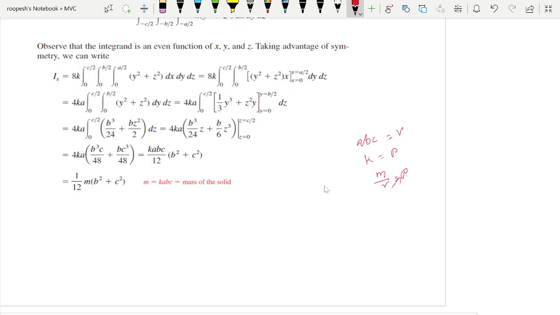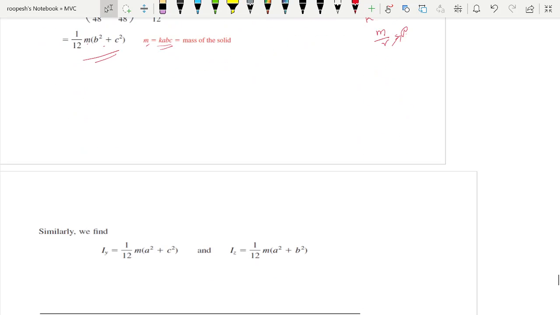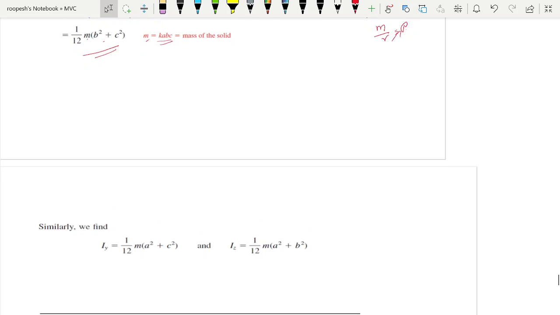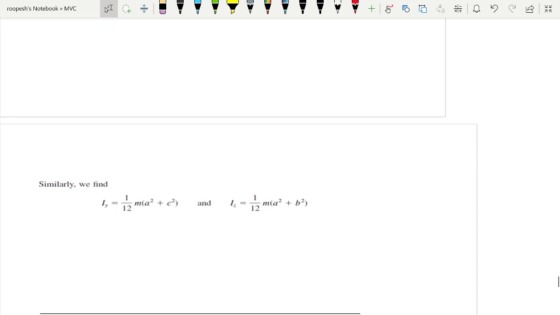So M equals k times abc represents mass. So we can replace that with M into (b squared plus c squared), which is the moment of inertia about the x-axis. Similarly you can find the moment of inertia for the y-axis and for the z-axis. You can work it out by yourself by taking the integrals and using the formula.